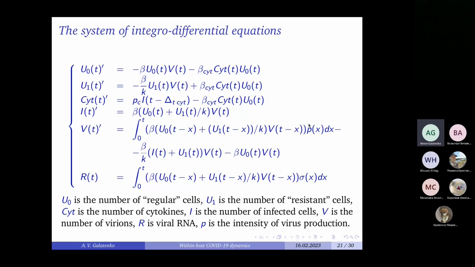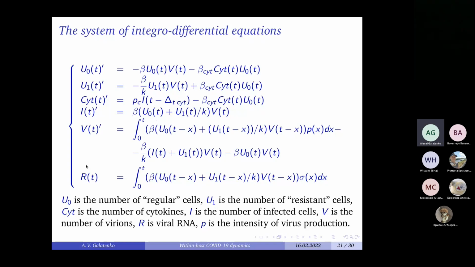The expression in parentheses is just I prime. You see, the expression in these parentheses is just I prime. And viral particles, they do not die, but they are used to enter either infected cells or uninfected cells or immune cells.